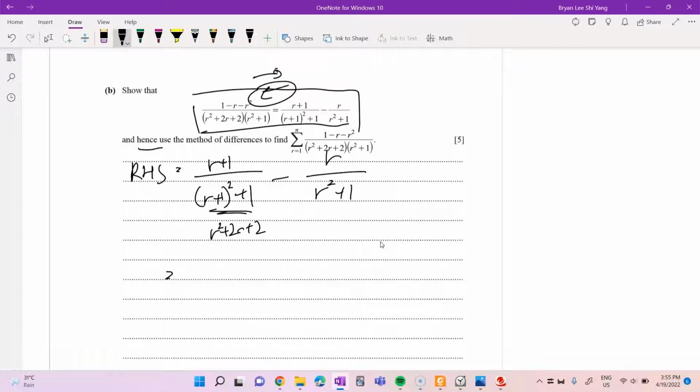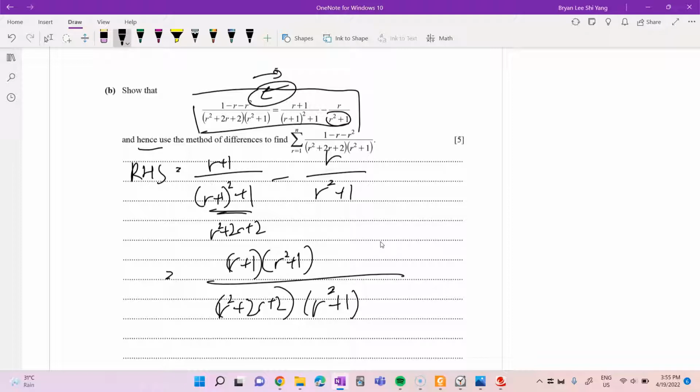Then what I would have here is r squared plus 2r plus 2 times r squared plus 1, because this is the common denominator. So what we have here would be r plus 1 multiplied by r squared plus 1, minus r times r squared plus 2r plus 2.